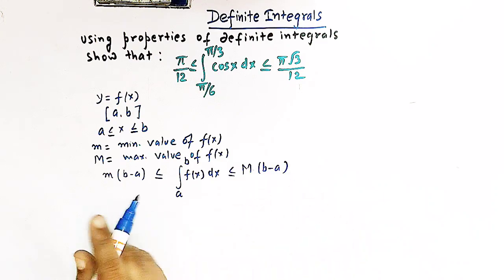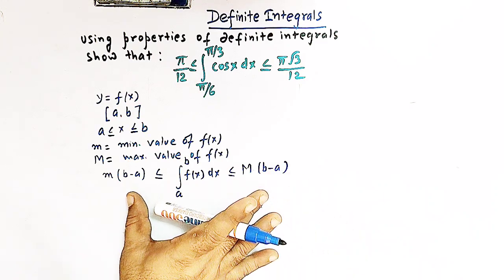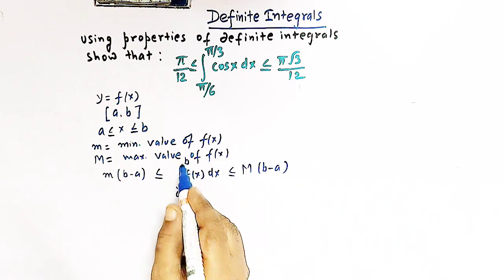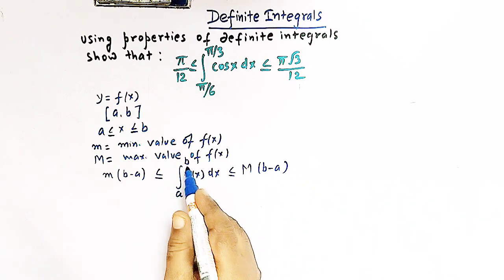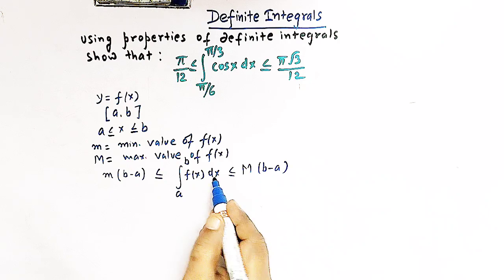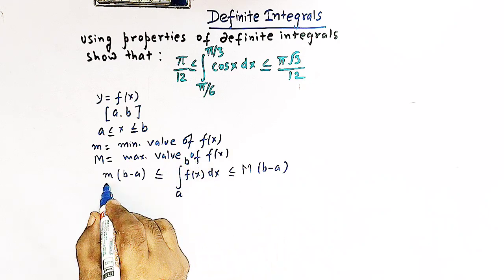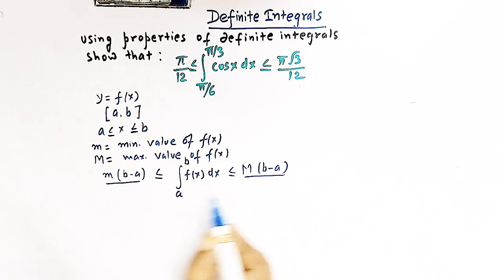So this is an important property of definite integrals, where the value of the integral from a to b of f of x dx lies between these two numbers, right?